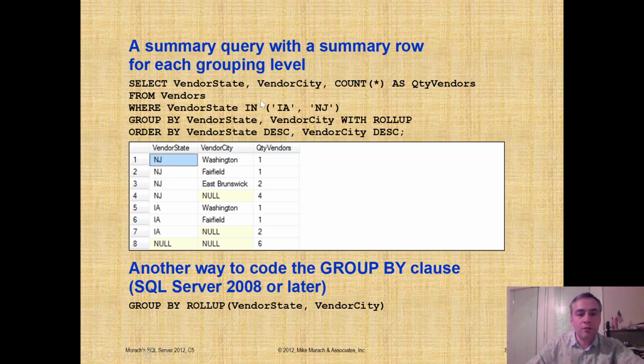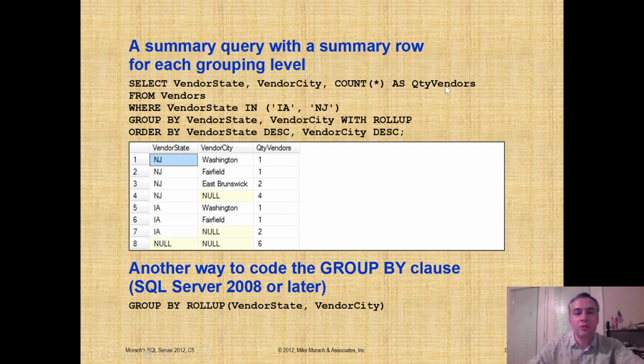All right, so summary query with summary row for each grouping level. We can have more than one column in the group by, and we want to do a roll up for more than one column. So let us understand this. Select vendor state, vendor city, count star as quantity of vendors from vendors.